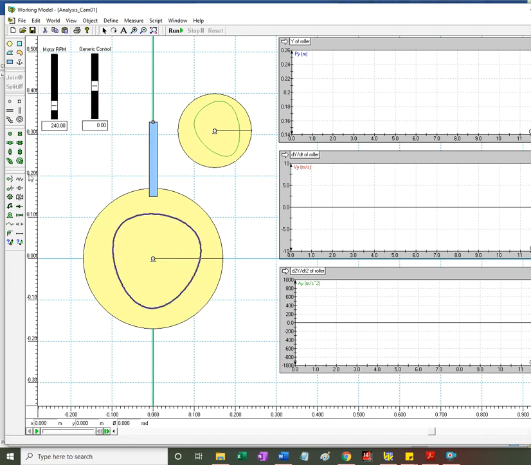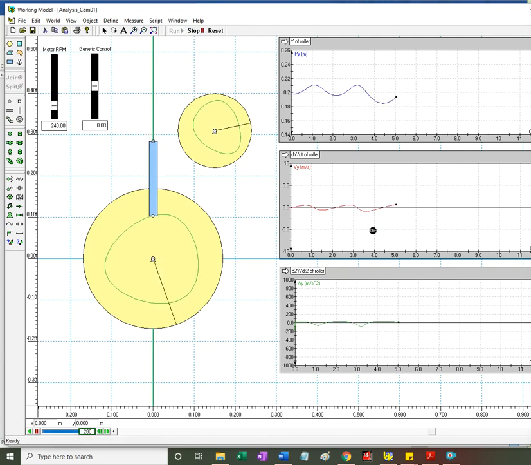So only 3 control points, and what I did was to join, and you'll see now that of course follower motion is totally different, but it's much smoother.